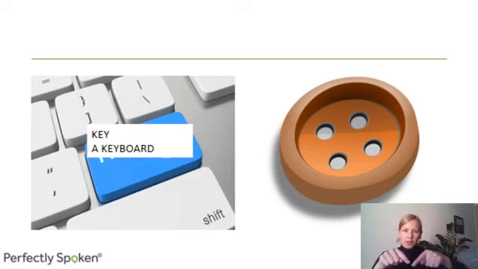And subsequently, the place that you type is a keyboard. So buttons are ones you use on other equipment like this, but on a computer the ones with the A, the B, the C, the letters, etc. are keys.